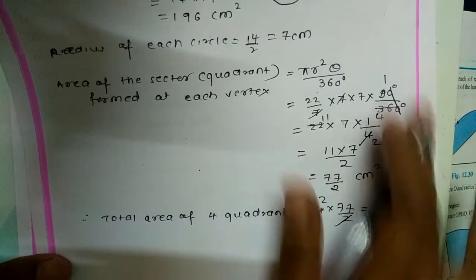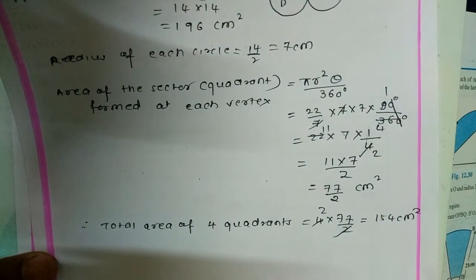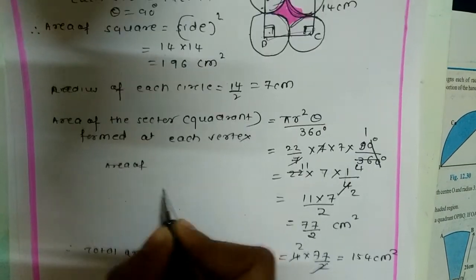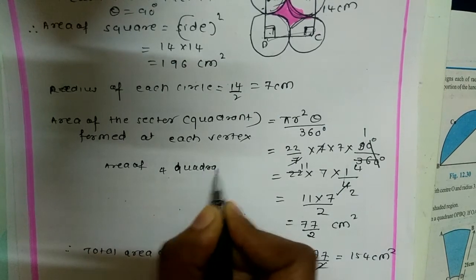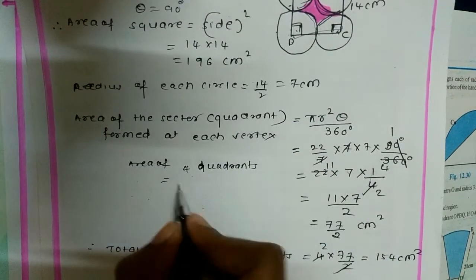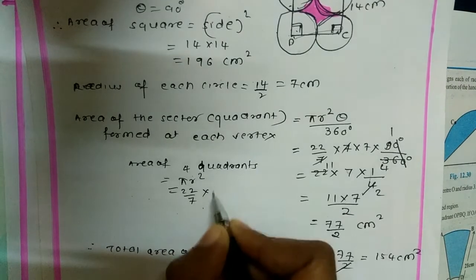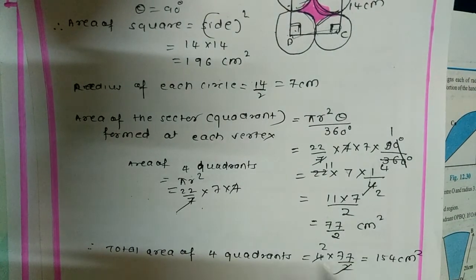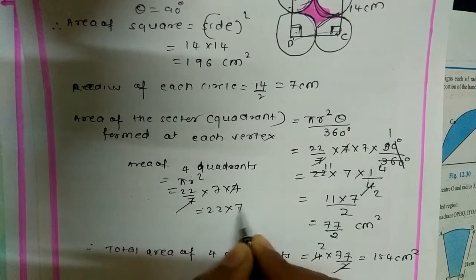As I told you, in another way also you can find out. You can just take pi r square. I'll show that also. The area of 4 quadrants together, because if you add all the quadrants it will form one full circle. So pi r square is 22/7 into 7 into 7.